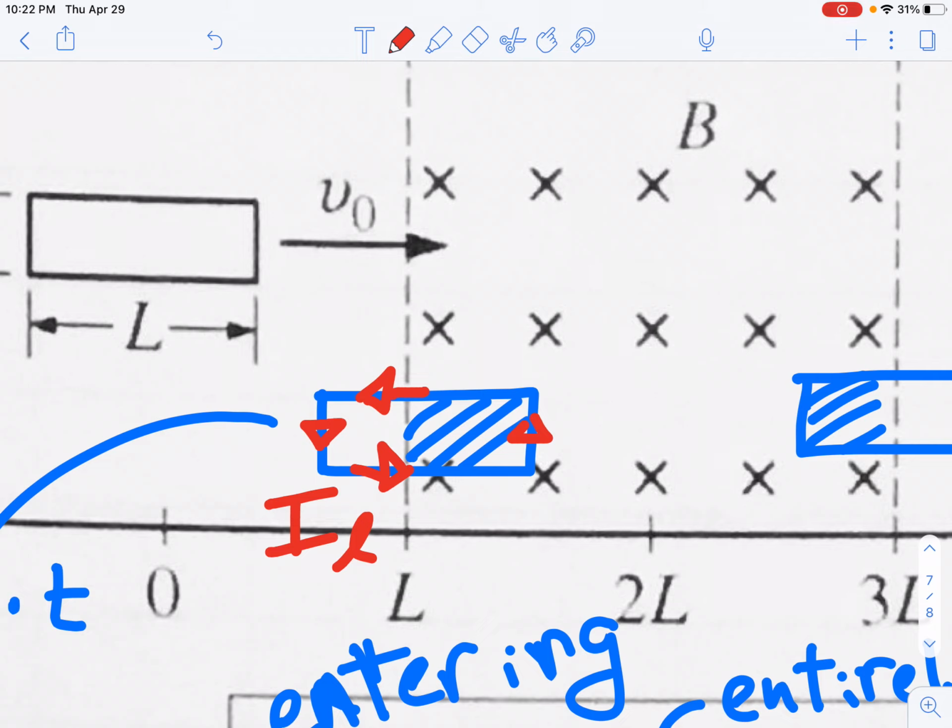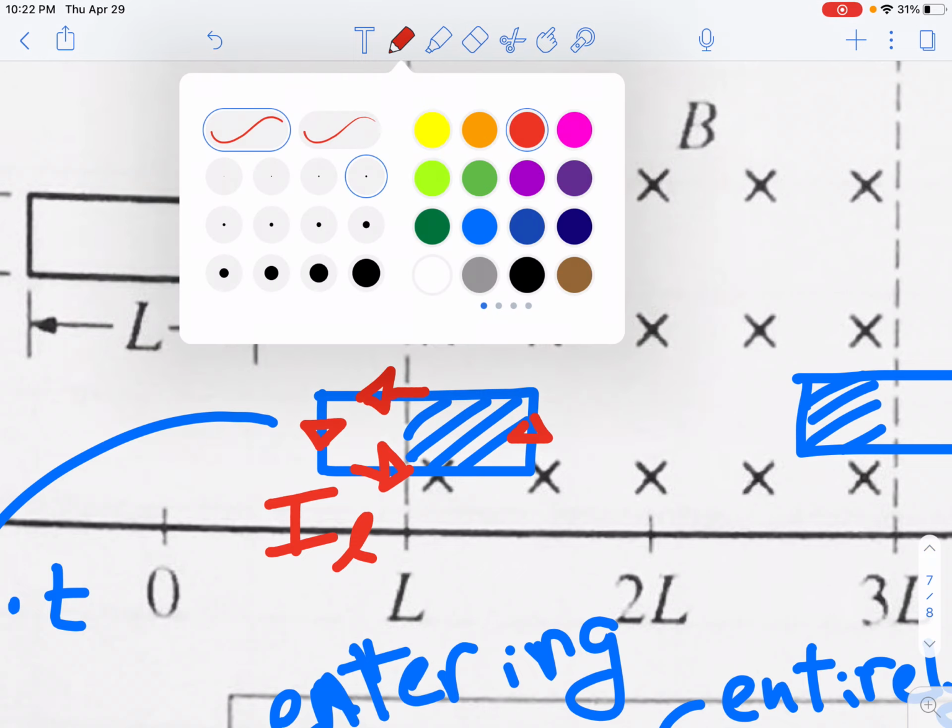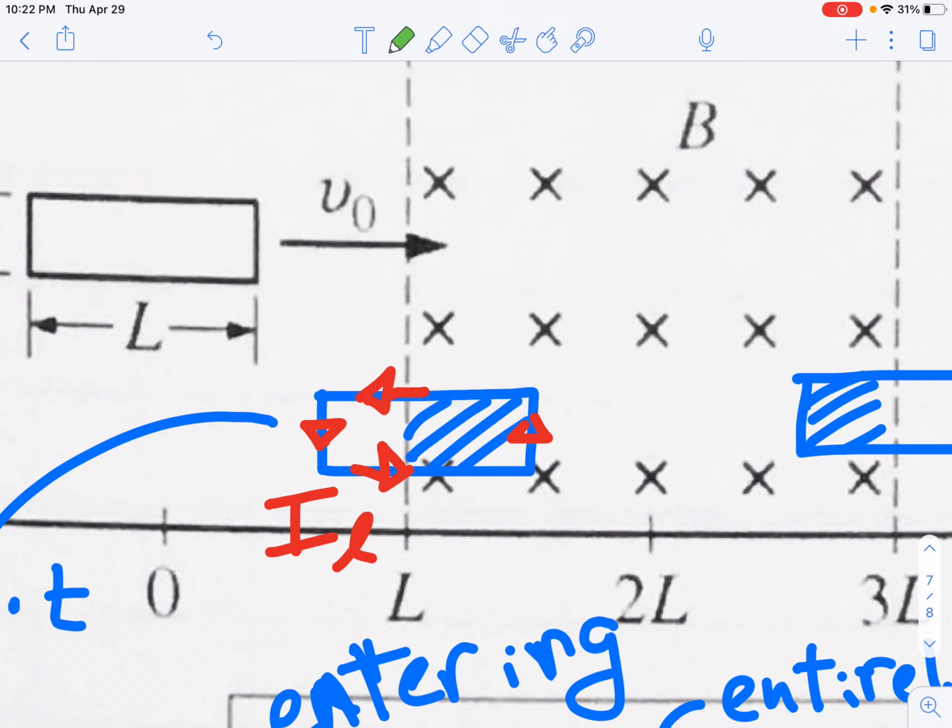Now, current will experience a force in a magnetic field, I L cross B. So on the top segment, I is to the left, so you point your fingers left, B is into the page, curl your fingers down into the page, your thumb will point down. So here, the force is going to be down. These are the magnetic forces.